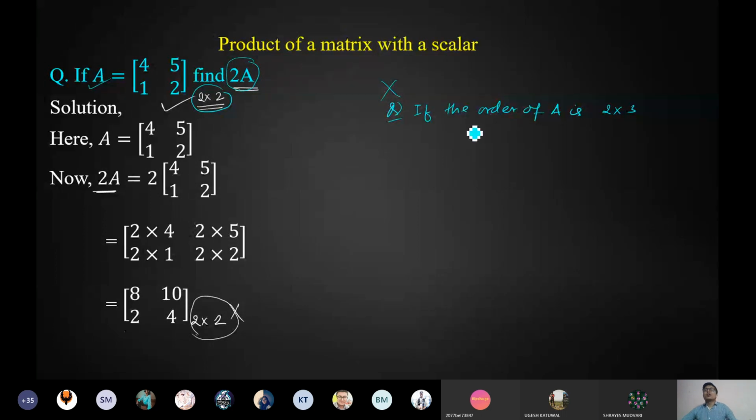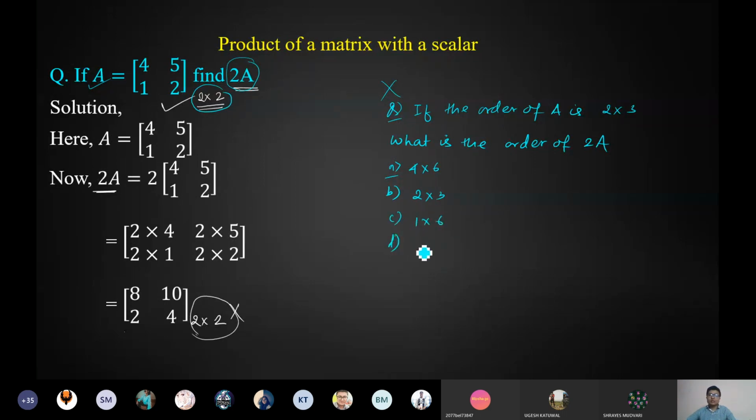Okay, this is the question. If the order of A is 2 by 3, what is the order of 2A? The options are like this. Number A, 4 by 6. Number B, 2 by 3. Number C, 1 by 6.